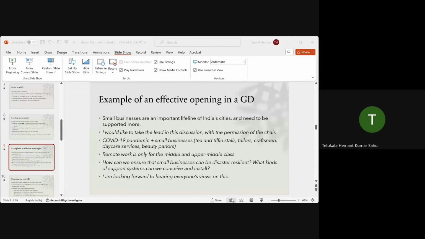So we have gathered here today to discuss the impact of COVID-19 and also the future readiness for this type of pandemic, so that small businesses can be resilient to disasters. I am seeking from all of you how to encourage small businesses and also a sustainable society. Thank you.